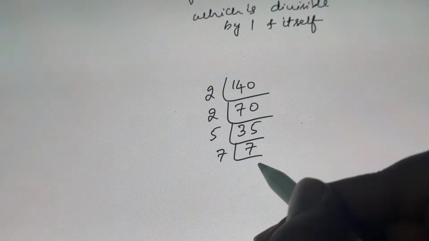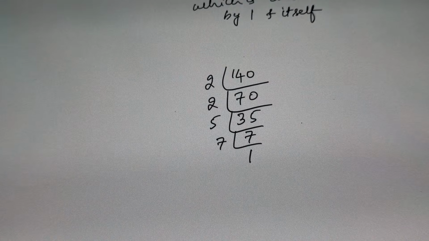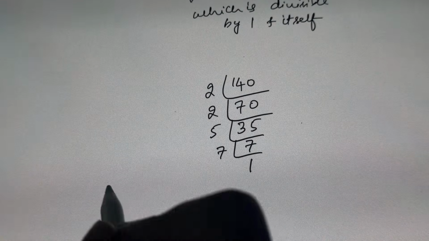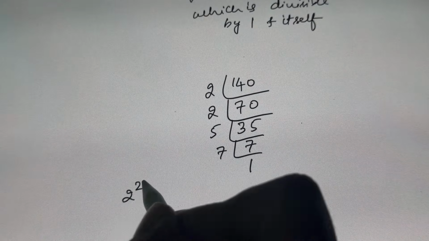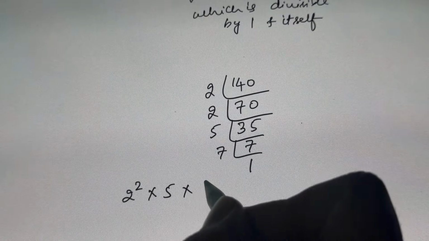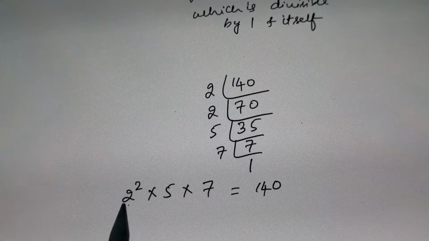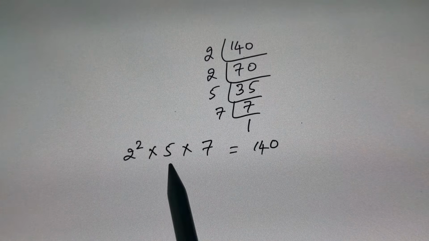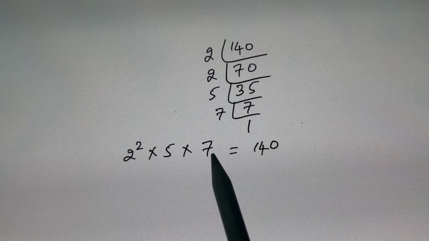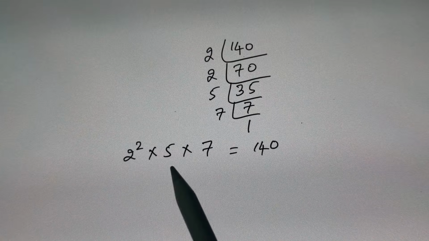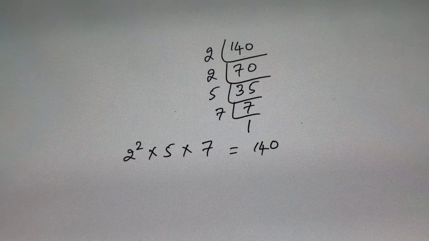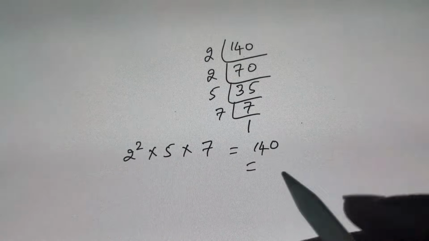Next divide by 7, 7 ones are 7. So now we can see the product of the prime numbers is 2 square into 5 into 7, that is equal to 140. 2 is a prime number, 5 is a prime number, and 7 is also a prime number, which doesn't have any factors other than 1 and itself. So this is the final answer.